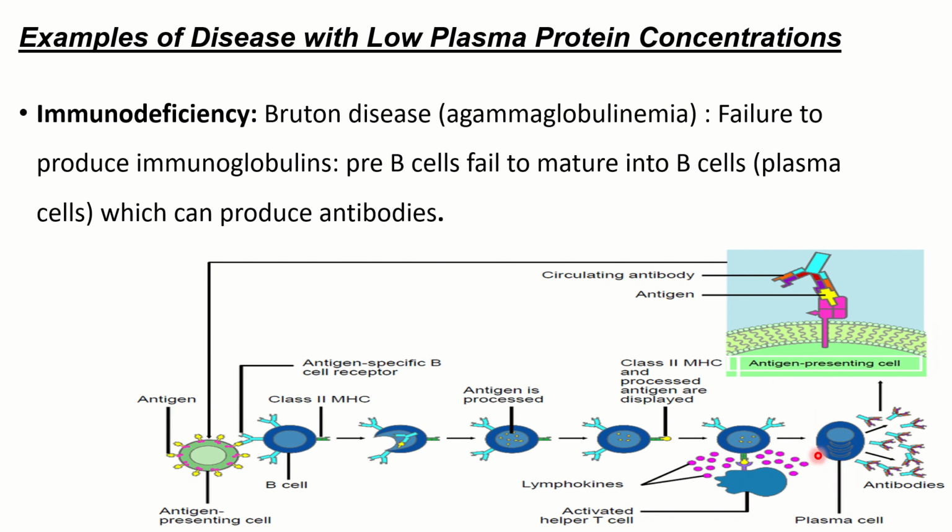So again, we see that plasma proteins are necessary. We all know that antibodies are a defense mechanism which we have, and they act as markers for tagging pathogens. So we see that having low plasma proteins is not good in the blood.